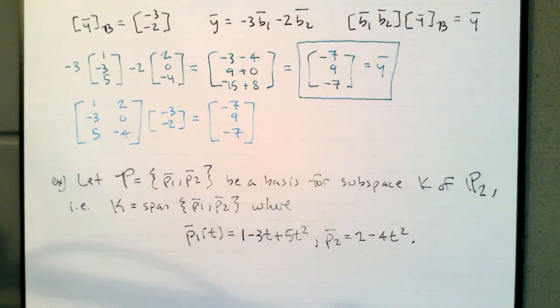So you may have noticed that I cleverly copied the first problem, but instead of R3, we're dealing with P2, which we know is isomorphic to R3 because coordinates and bases make everything look like Rn.